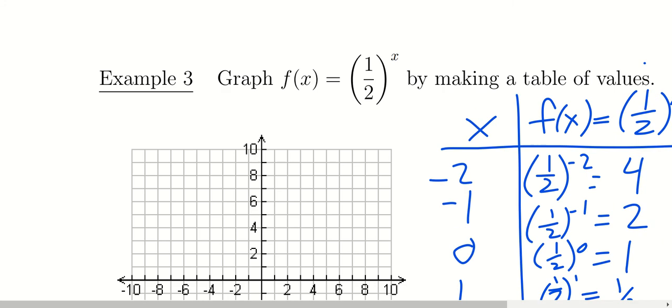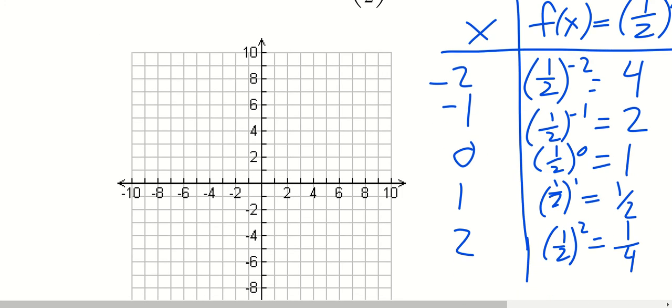Let's go ahead and plot these ordered pairs on the graph. We have -2, 4, -1, 2. We have 0, 1. We have 1, 1/2, and then we have 2, 1/4. Okay, so you notice the pattern and see what's happening here.